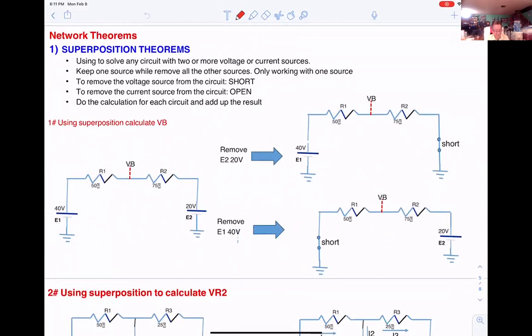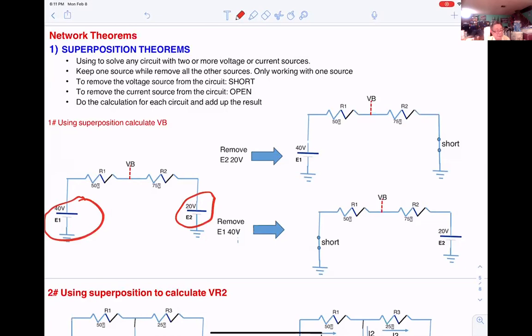Network theorem. What it says is, using the superposition theorem with any circuit with 2 or more voltage sources, you can see on that one, you have one here, one here, 2 voltage sources. Keep one source while you must remove all of the other sources, only working with one source.